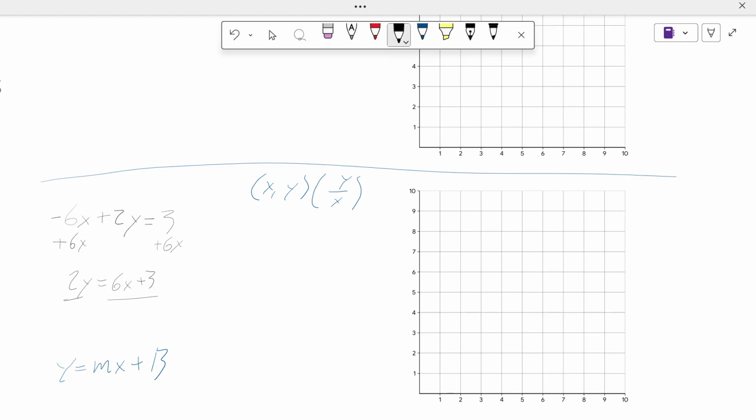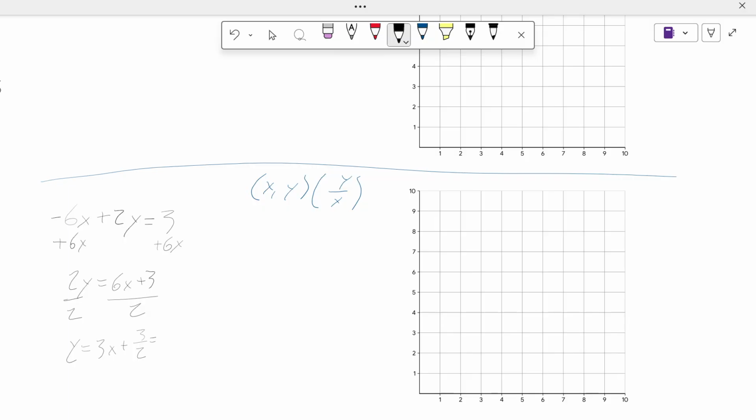We'll do that. Then divide by 2, and what we're left with is y equals 3x plus 3 halves.